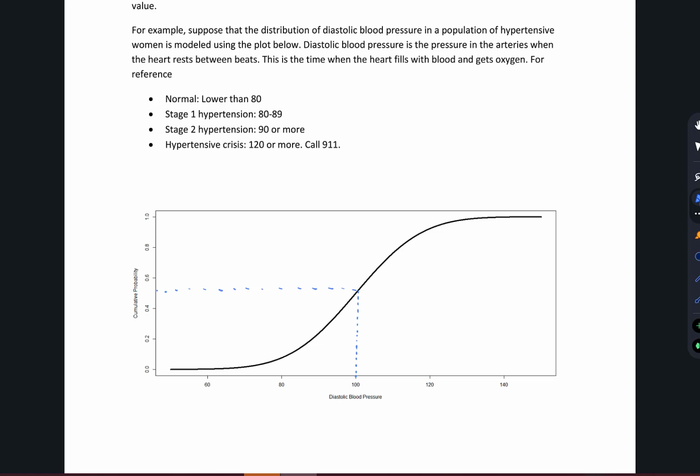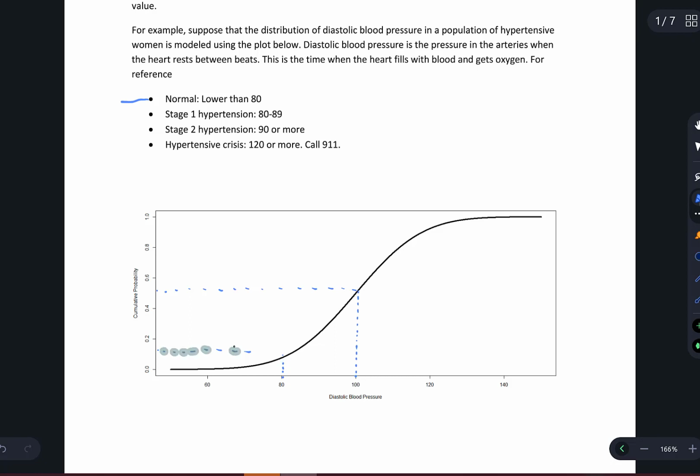Also, in this population, now notice that normal is considered anything less than 80. So in this population of, again, hypertensive women, we can see that very few of them actually have a normal blood pressure, and that makes sense. We're only at probably about 10% here. And then we could go up even higher.